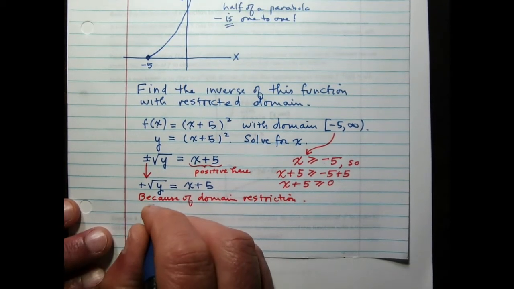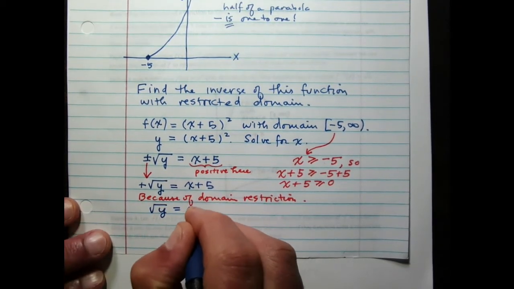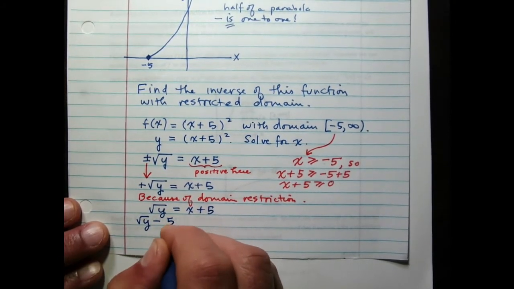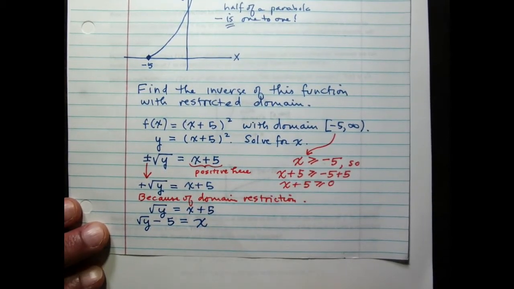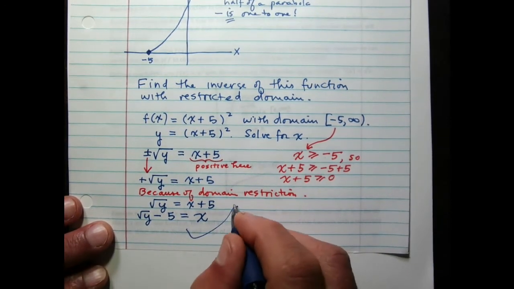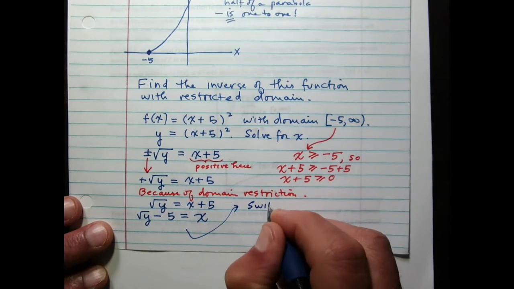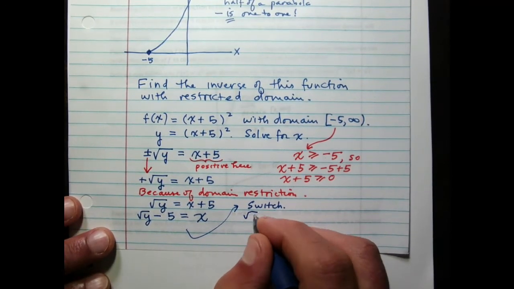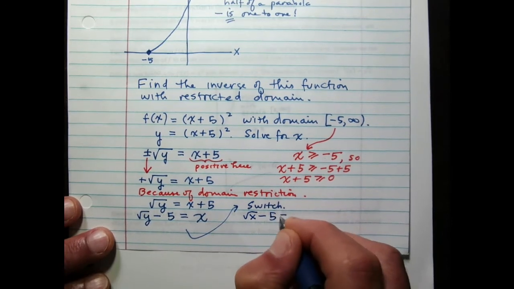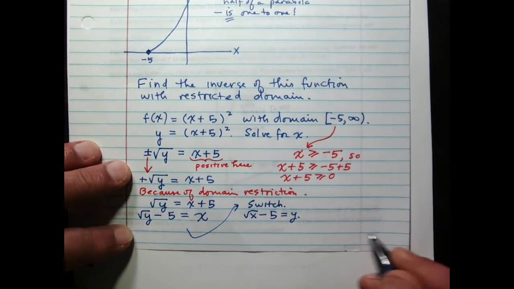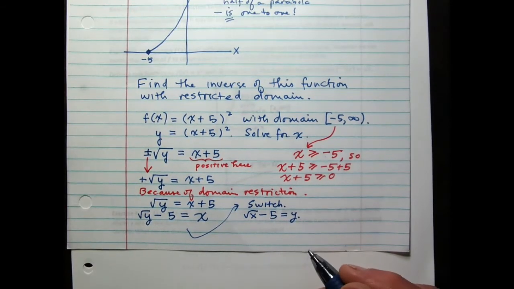And now, subtract 5 from both sides. I got x solved for. I'm going to do my switch. So I have square root of x minus 5 equals y. And I'm running out of room. I'm going to also switch to another sheet of paper in a moment.